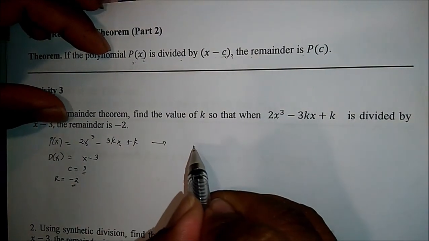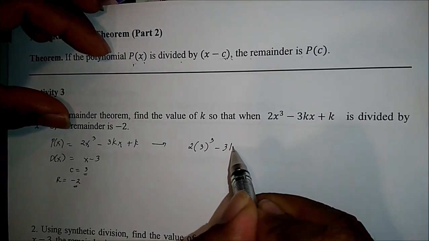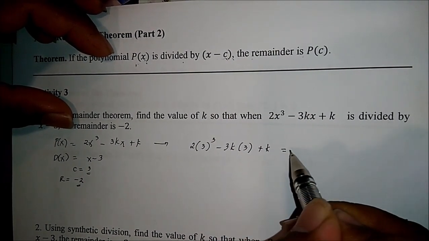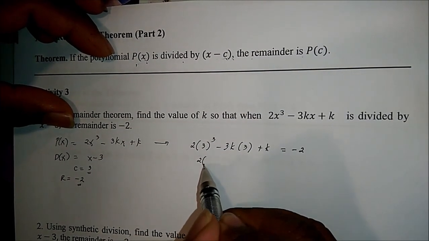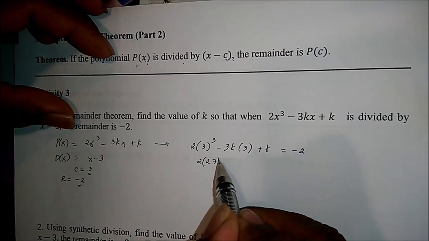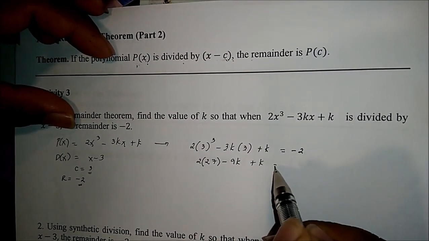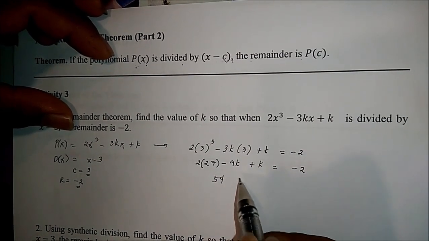So, let's do it. We have 2 times 3 raised to 3 minus 3k times 3 plus k. This should be equivalent to the remainder, negative 2. Simplifying, 2 times 3 cubed is 27, minus 3 times 3 is 9k, plus k equals negative 2. So 27 times 2 is 54.